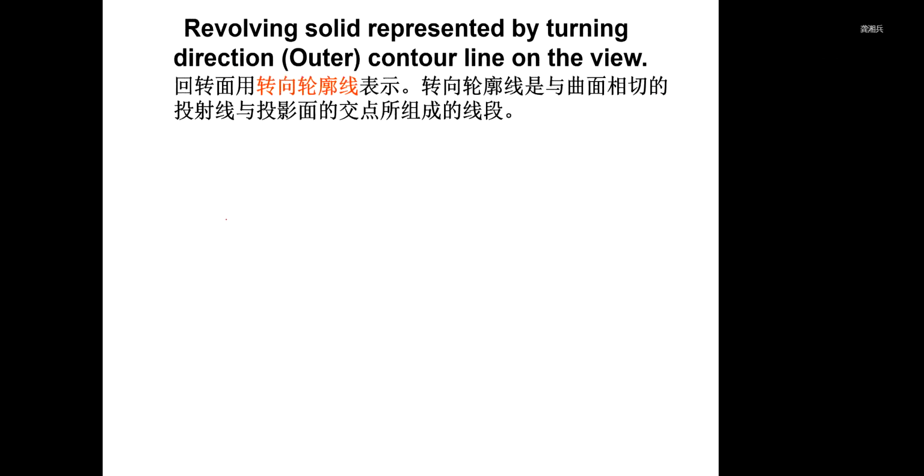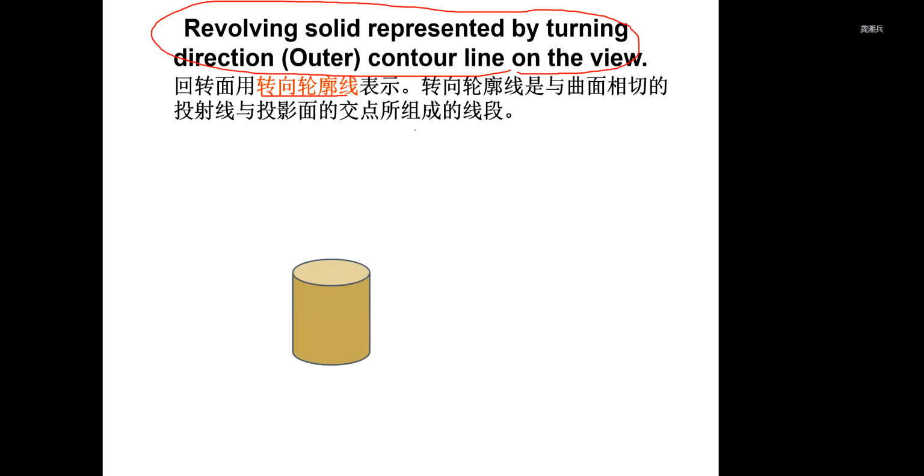So the revolving solid is replaced by the turning direction outline, the outer contour line on the view. You can get a line, the turning direction contour line on the view. Then with the curves, we get the lines.